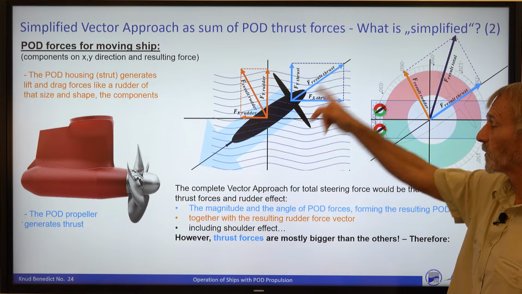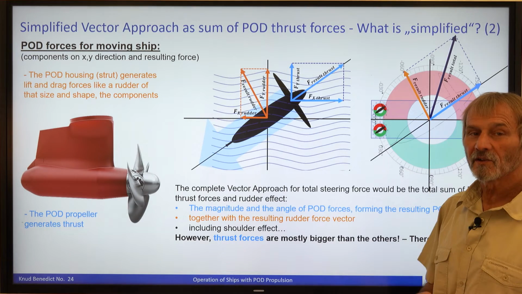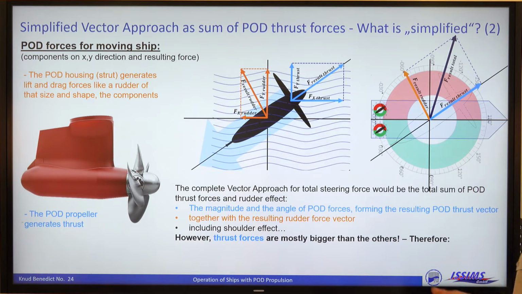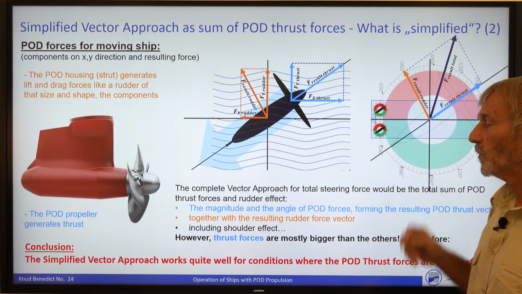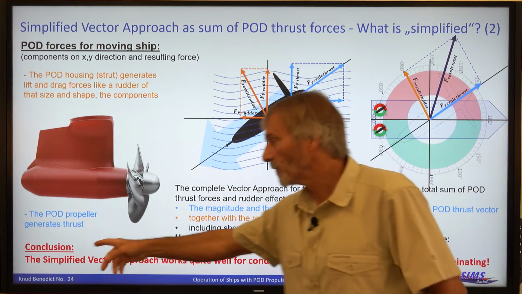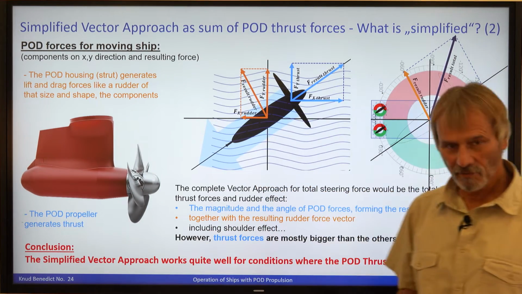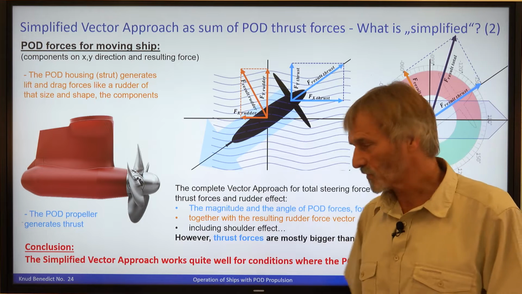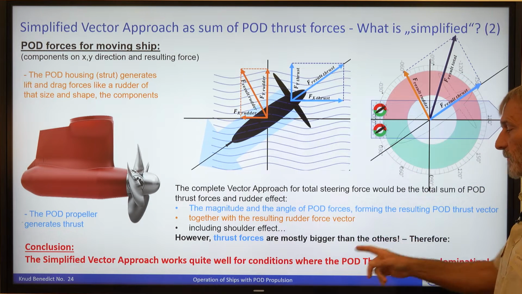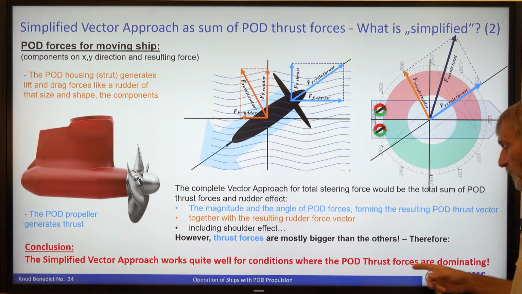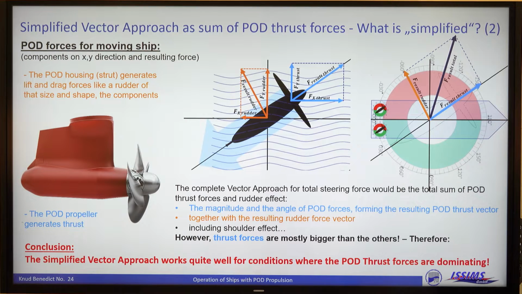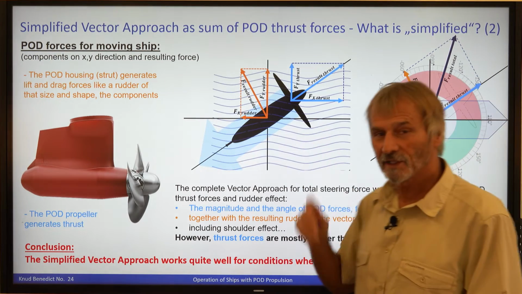Normally the thrust forces are mostly bigger than the other effects, and therefore we can draw the conclusion that the simplified vector approach works quite well, specifically in conditions where the thrust pod forces are dominating the other effects.